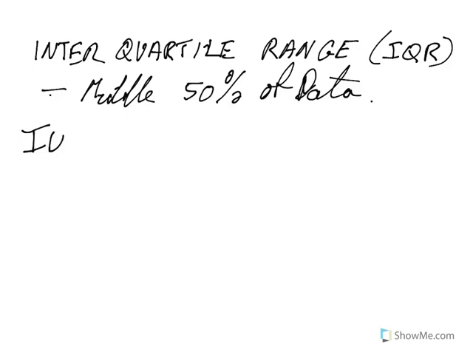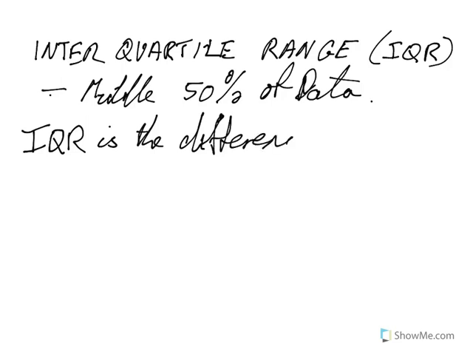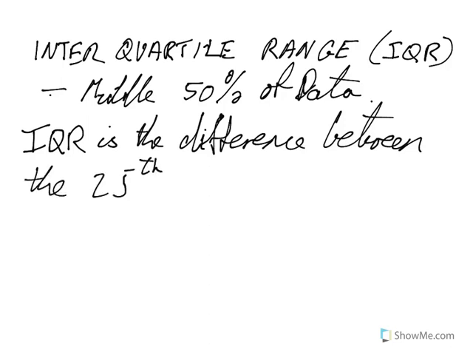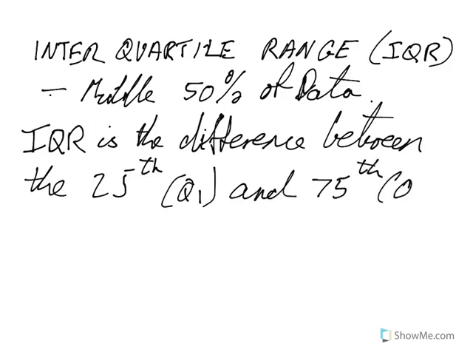What it actually is, is the difference between the 25th, commonly known as Q1, quartile 1, and 75th, commonly known as Q3, quartile 3, percentiles.